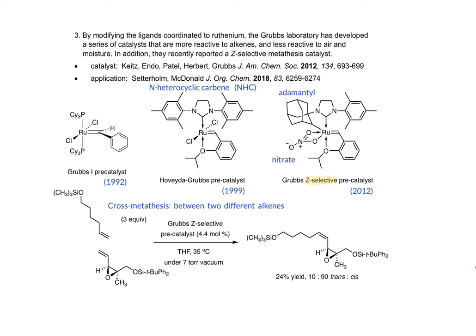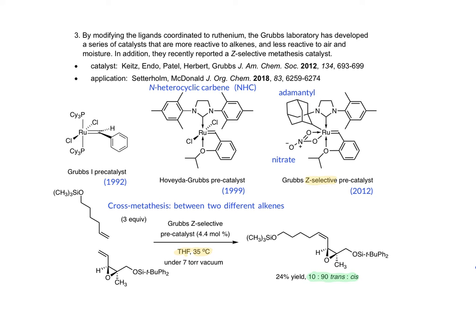Although we never optimized the yield of this transformation, we did see high selectivity, 9-to-1, favoring the cis isomer using the Grubbs precatalyst. The way that we conducted this reaction was to mix the components together in tetrahydrofuran and then attach the flask to a rotary evaporator in a warm water bath, 35 degrees Celsius.